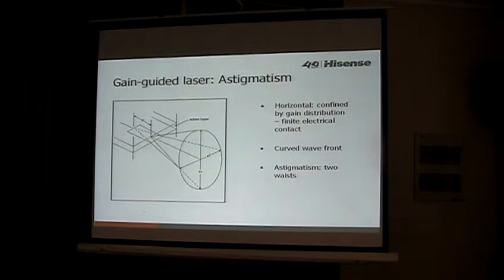The gain-guided lasers only have a waveguide mechanism along the vertical direction, because in the vertical direction we have different layers. Different layers have a different refractive index. This way, we can have an index-guided waveguide along the vertical direction. But along the, say, horizontal direction, we do not really have a waveguide.